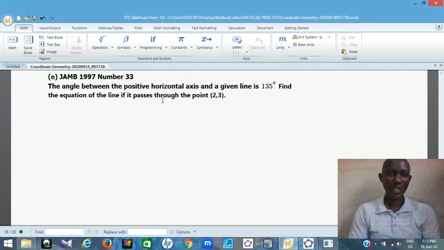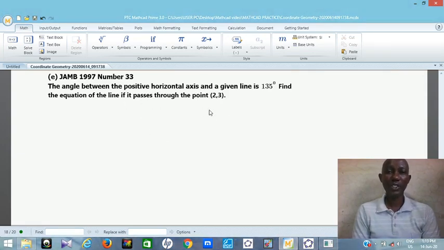When we did this topic the other time, gradient of a line, I told you that gradient is also the angle between the line and the positive horizontal axis. Now they gave us the angle, so with this angle we can get our gradient.